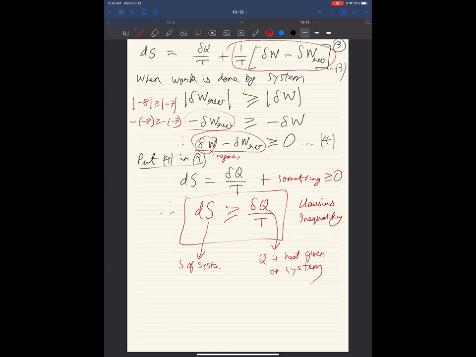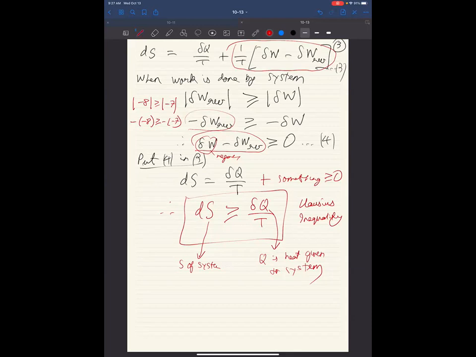You want to study something practical, and you want to apply the second law of thermodynamics to it. You can't just look at the system. You have to go and calculate the entropy of the whole universe. That's going to be a bit messy. This equation is really powerful, because all of a sudden it's not talking about the entropy of the universe. It's talking about the entropy of the system. So you can just focus on the reaction that is going on. You don't have to worry about everything else.